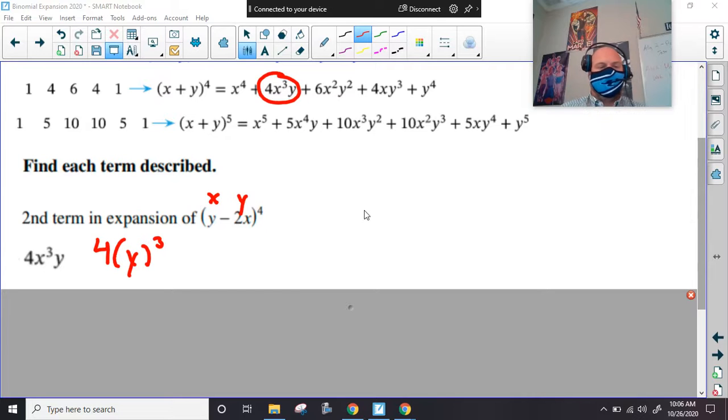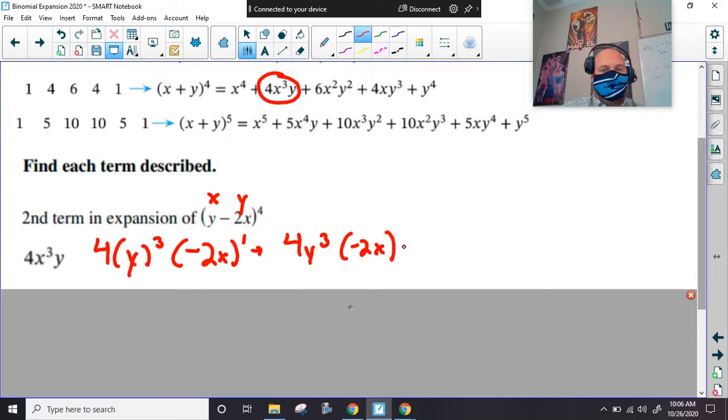Yeah, okay, good. All right, so 4y to the third. And then negative 2x to the first. Well, this is 4y to the third, negative 2x. So when I multiply it, I just get negative 8y to the third x.